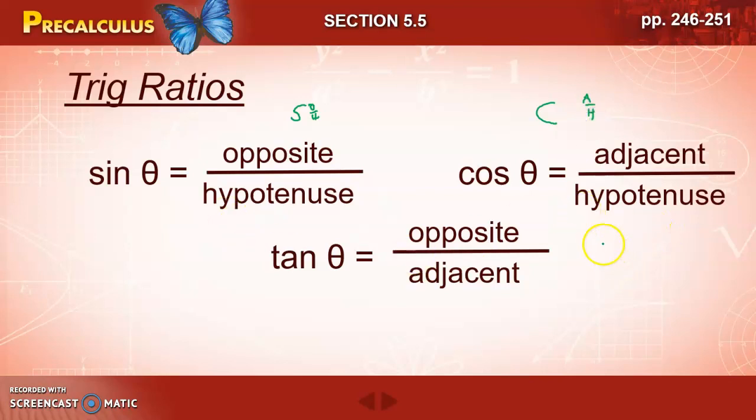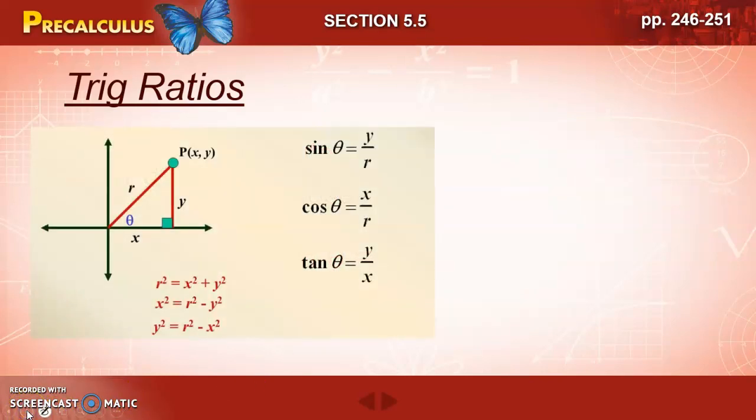And the tangent of an angle is opposite over adjacent. And we have done a whole lot of work with these trig ratios. We can use trig ratios to find the missing sides of triangles. We can use them to determine an angle measure in degrees and in radians. We use them for a lot of different information. So it's really important that we know these three basic trig ratios.